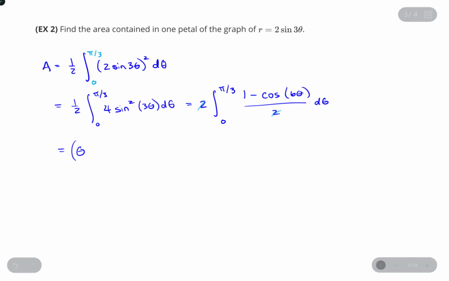When I integrate negative cosine 6 theta, the integral of cosine does not change the positive or negative value, so it's going to stay minus. The multiplier of 6 on the inside is going to have me divide by 6, and then I have sine 6 theta. And then this is integrated from 0 to pi over 3.